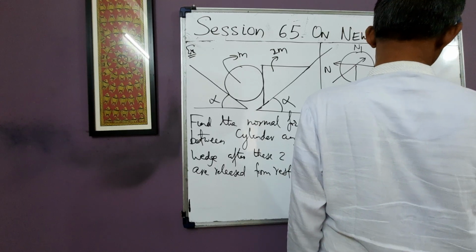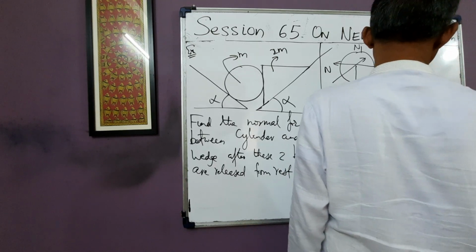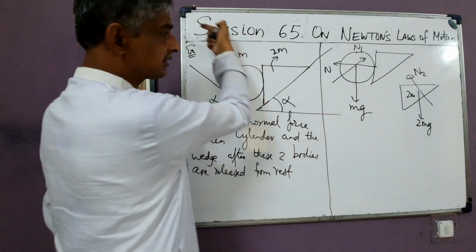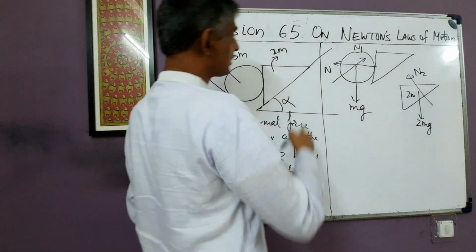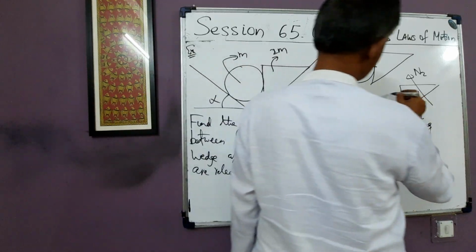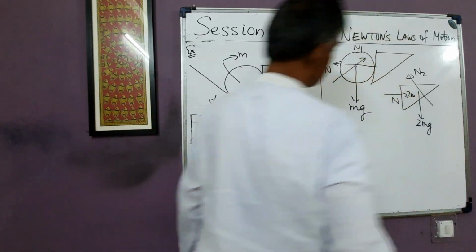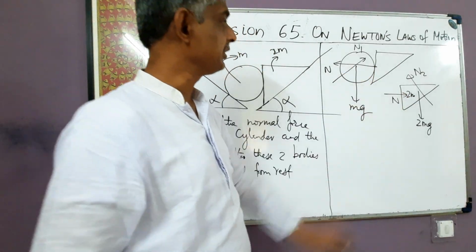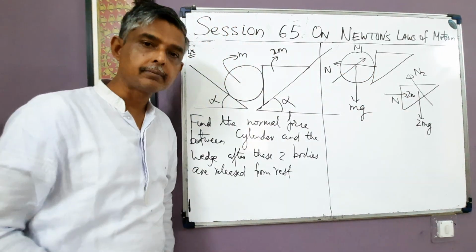This is 2m, so the weight is 2mg. This is normal force N2, which the inclined plane exerts in this direction. And by Newton's third law, the cylinder exerts normal force N on the wedge in the rightward direction. This is the free body diagram of the wedge, and this is the free body diagram of the cylinder. Both are with respect to the ground frame.